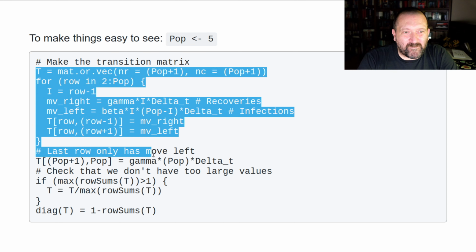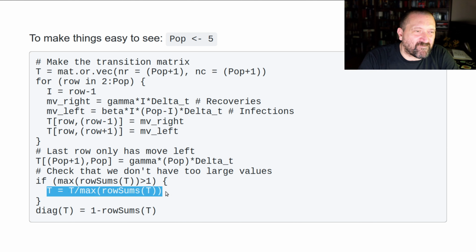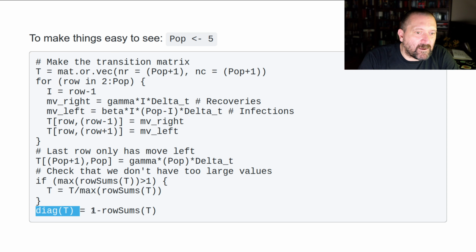We make the transition matrix, and this is just checking that we are not making too large row sums. If we make too large a row sum, the largest row sum we simply make equal to 1. And then we make the diagonal by taking 1 minus the row sums.